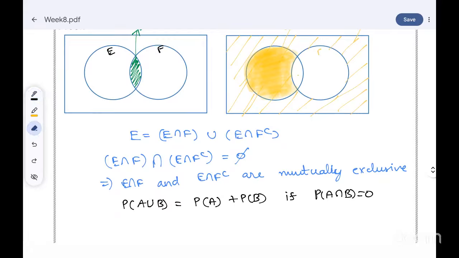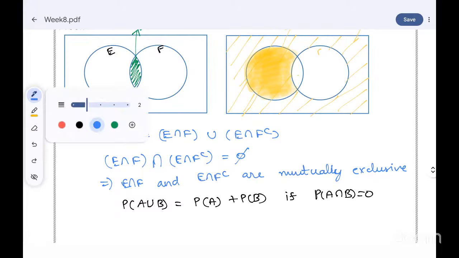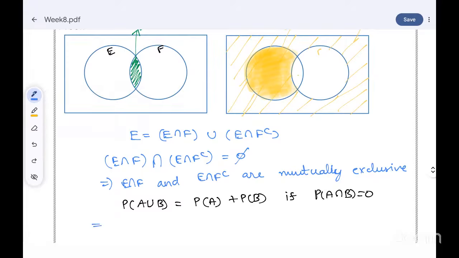So if this condition is there, we can apply it here. So what is probability of E? Probability of E is simply P of E intersection F plus P of E intersection F complement. Is this fine for everyone up to this?